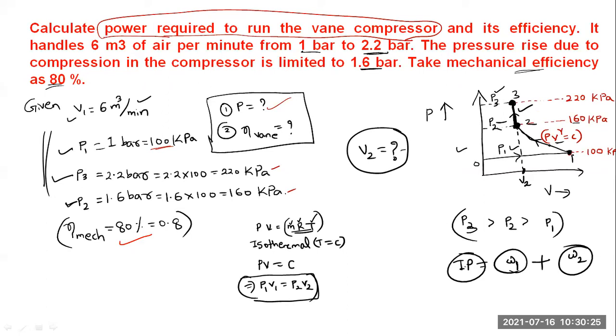But what is this point 1 to point 2? Point 1 to point 2 is an isentropic process, which follows PV to the power gamma equal to constant. That's what I have written here.